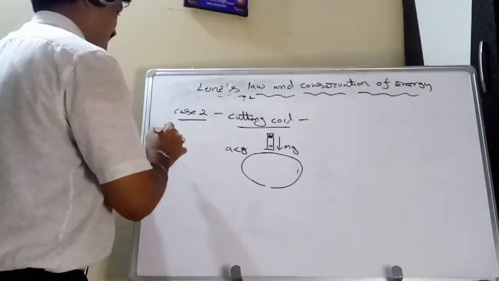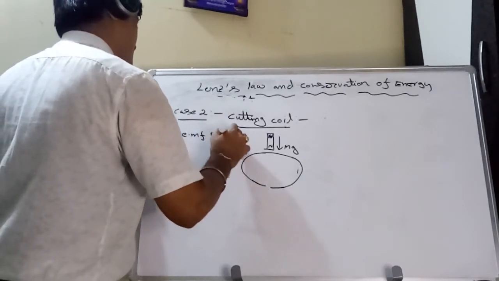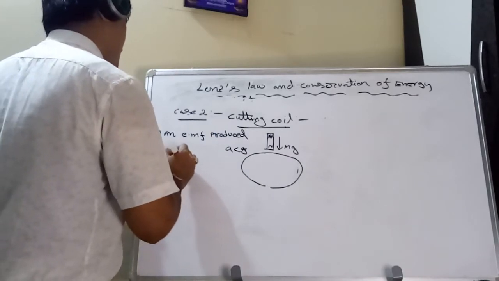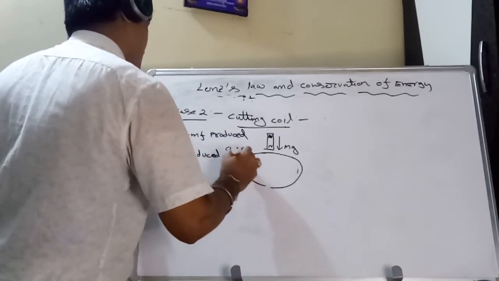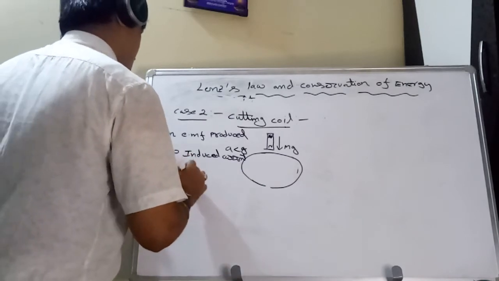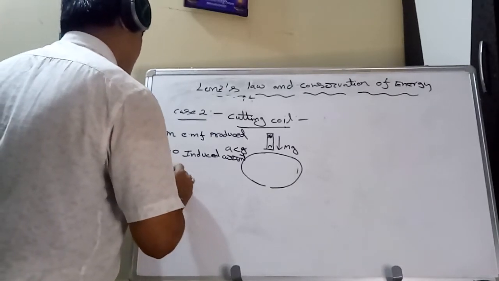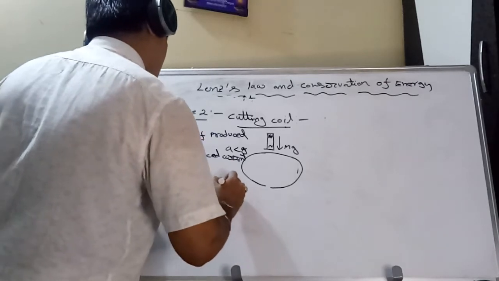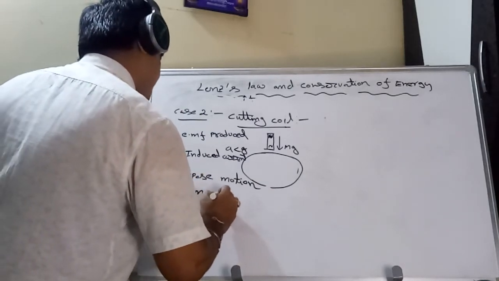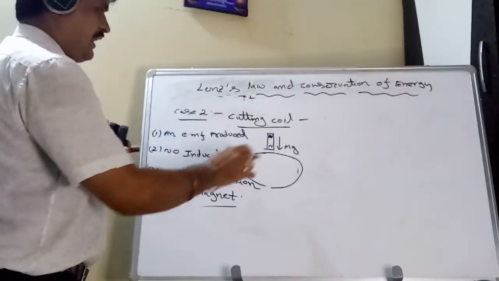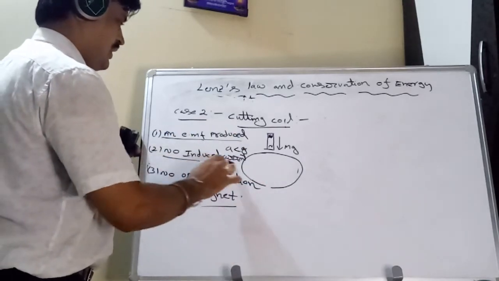Induced EMF is produced, but no induced current, so there is no opposition to the motion of the magnet.